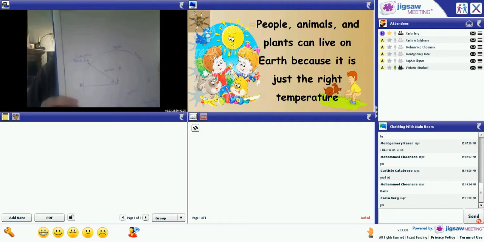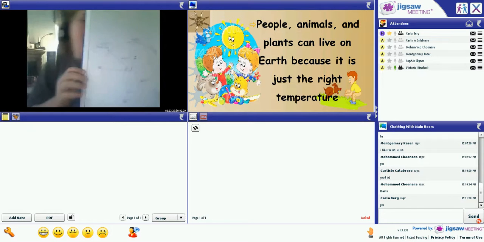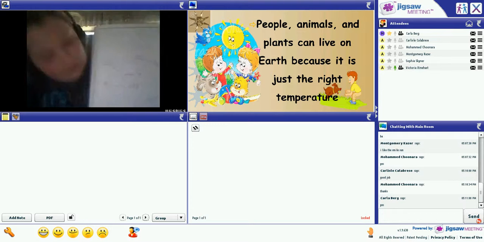This sky model includes the zenith right here, which is the point on the celestial dome directly above your head, and the nadir, which is the point directly below your feet.